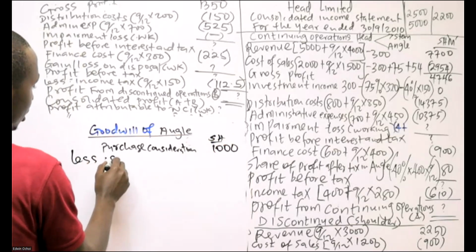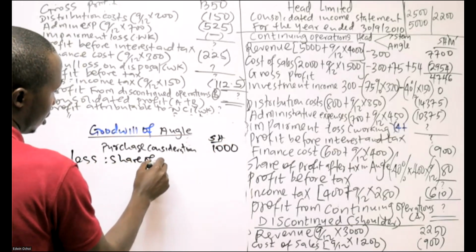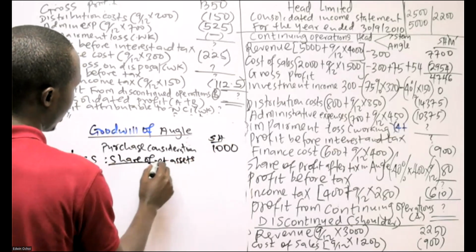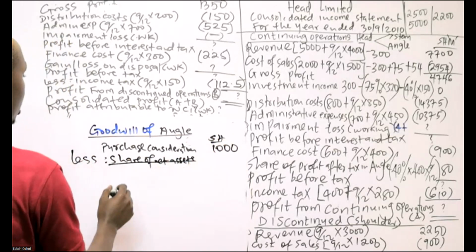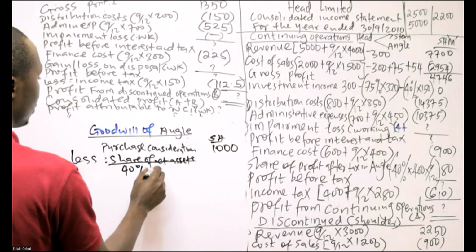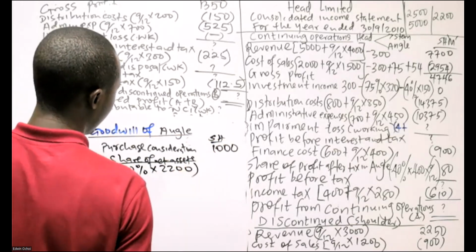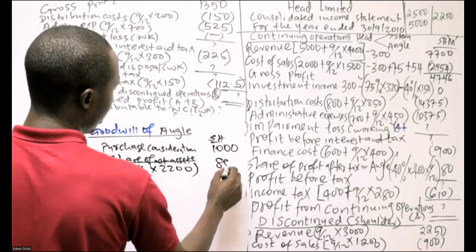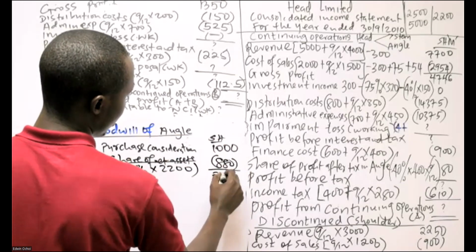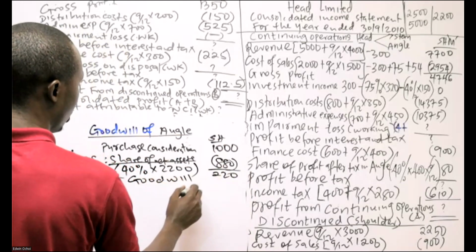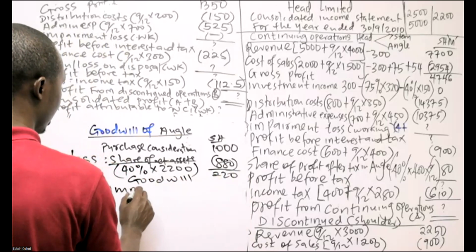Less share of net assets acquired. So the net assets figure, 40% from the working, it was 2,200. So this is 880. So you get to 120. That is goodwill. You impair by 20%.